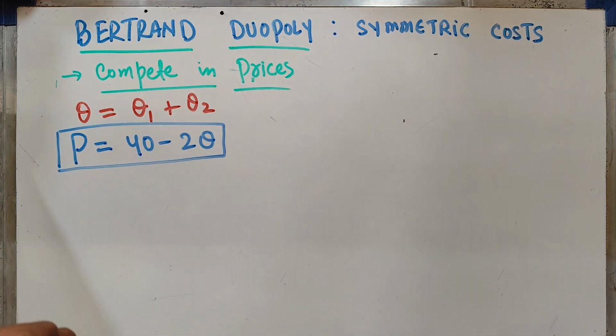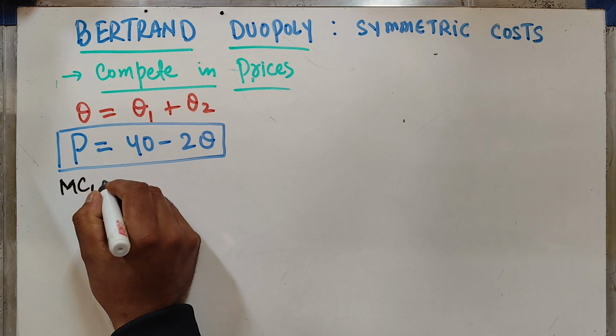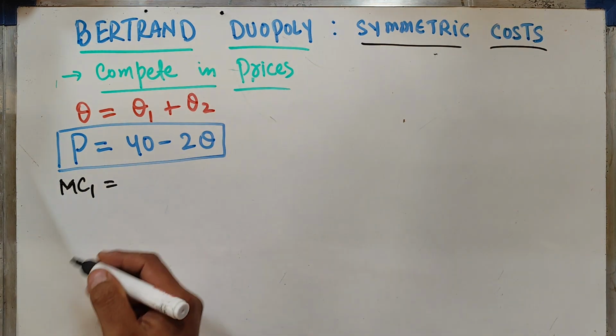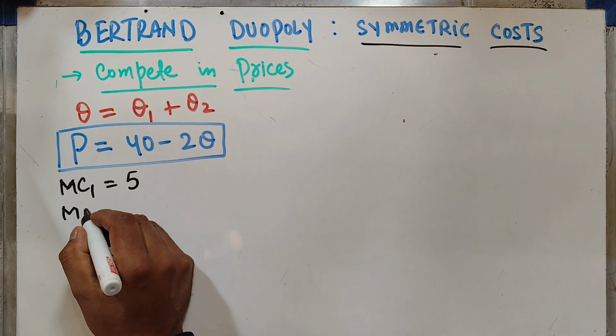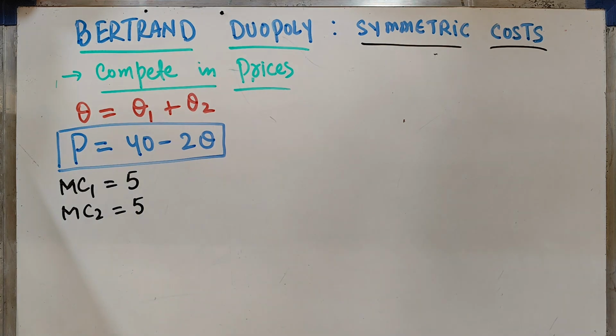Since we are talking about symmetric costs, the marginal cost of firm 1 is $5 and the marginal cost of firm 2 is also $5, with zero fixed cost.